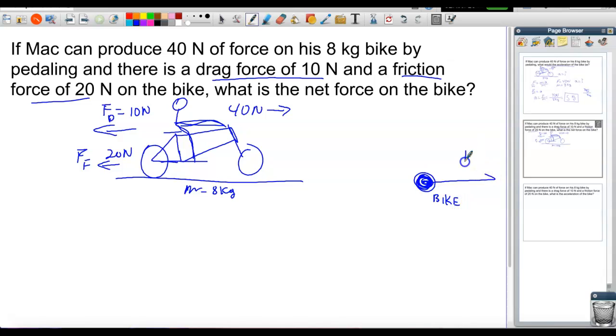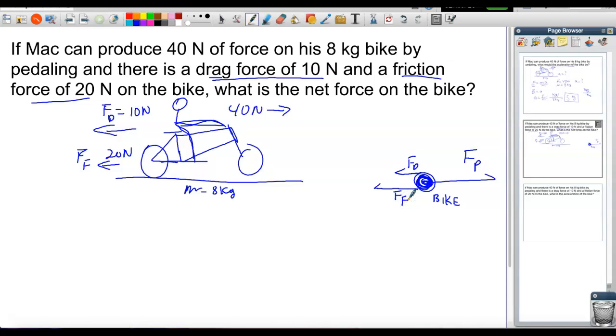And we have the force of the pedal, and then we have drag and friction. So we have the force of drag and the force of friction. Okay, maybe we should make those a little smaller. We have a drag force and then a friction force.